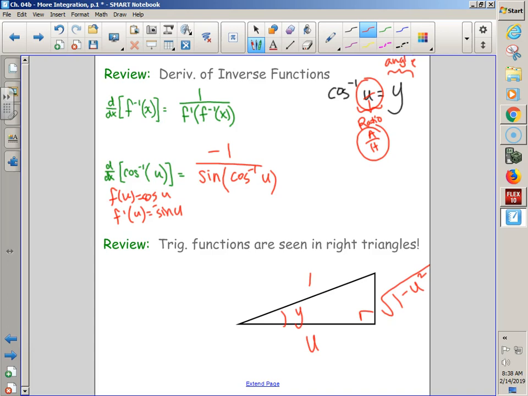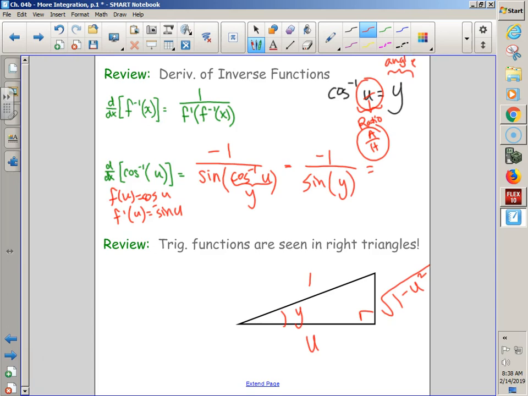So I have my adjacent, my hypotenuse. I've used the Pythagorean theorem to find my opposite. Wait, why am I finding opposite? Who do I want? Sine of y, isn't this y? So couldn't I rewrite this as negative 1 over sine of my triangle? Well, guys, who's sine of my triangle?